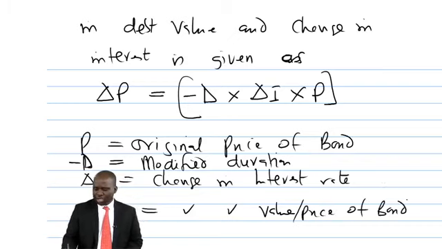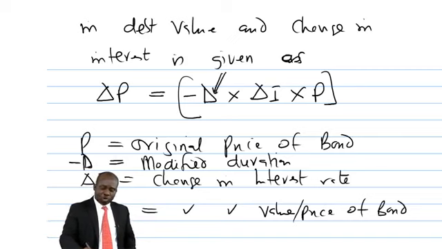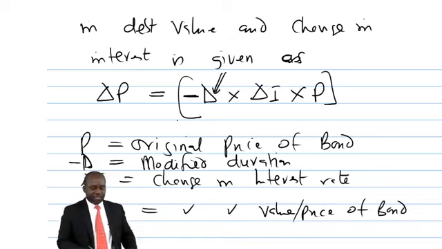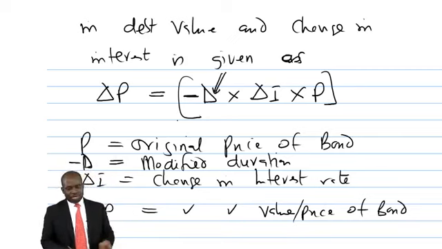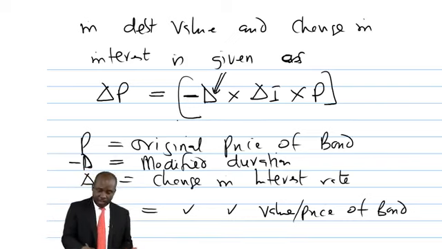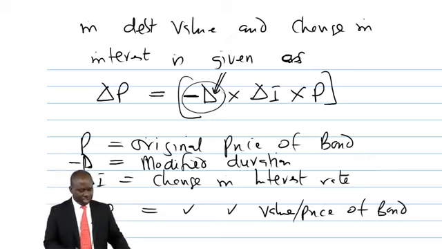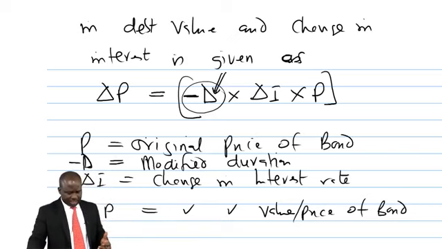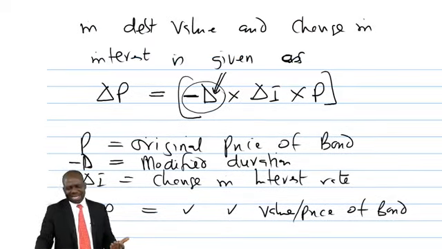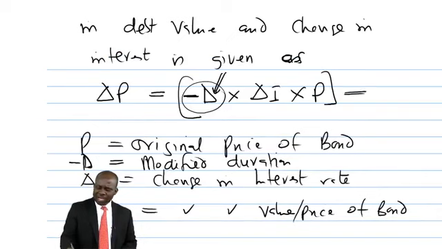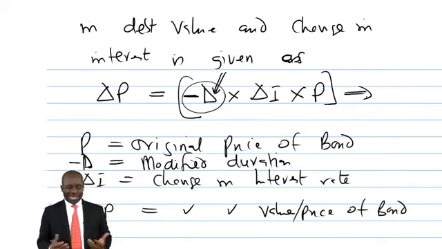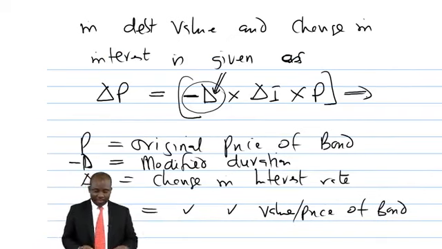Okay, so as you can see, because this is a minus figure, the higher the modified duration, the more negative this figure is going to be, and the more the change in the price of the item will be sensitive to changes in interest rate. So that is basically that. It technically assumes a linear relationship, but technically it's not a linear relationship.